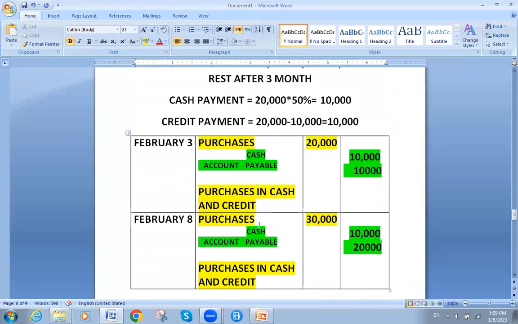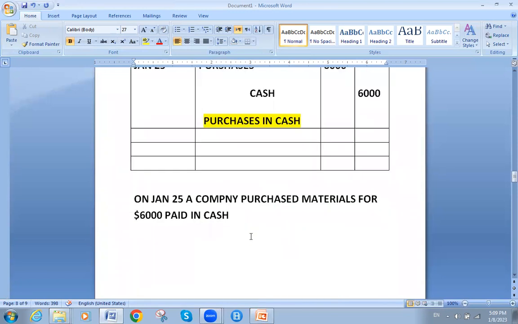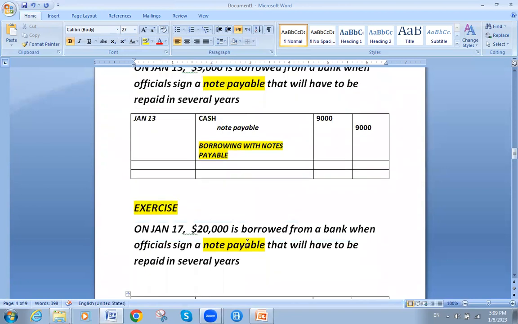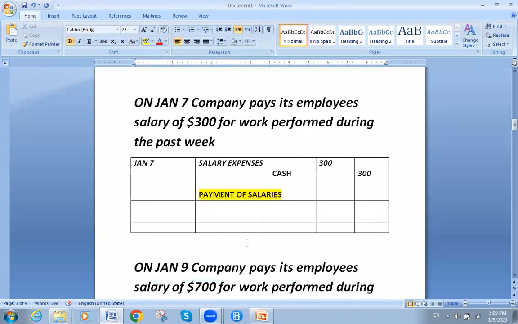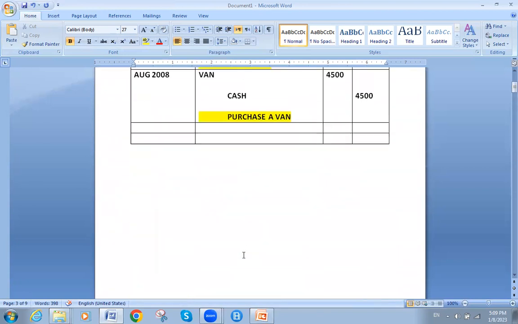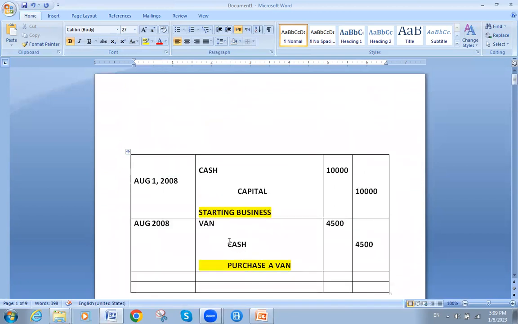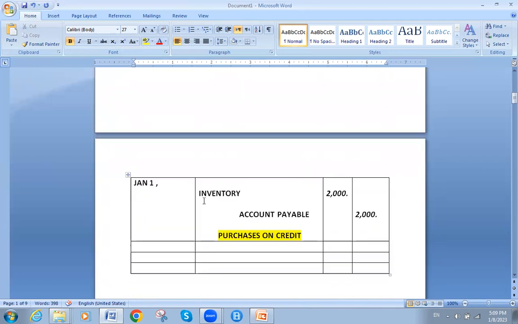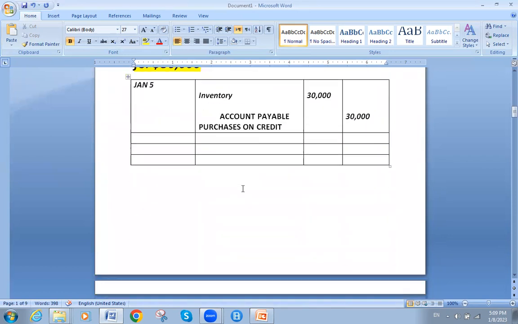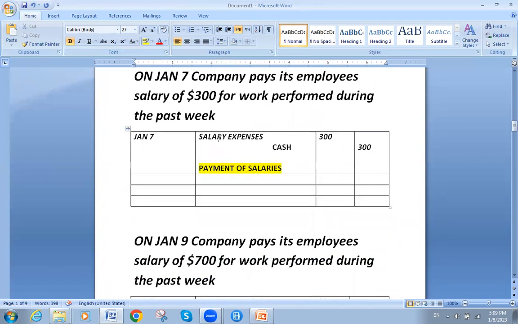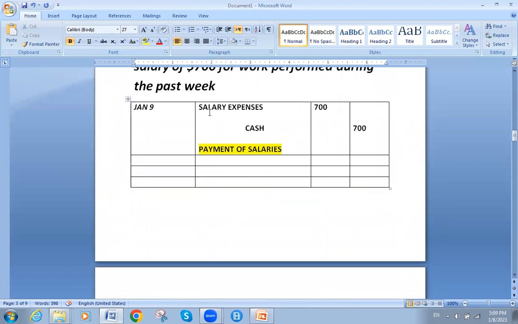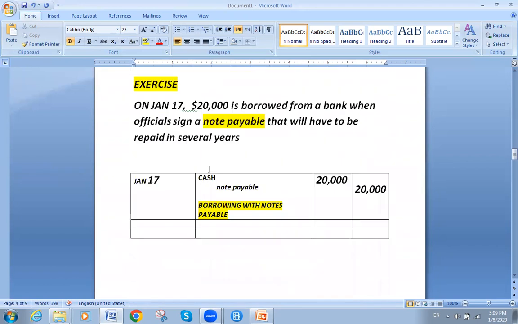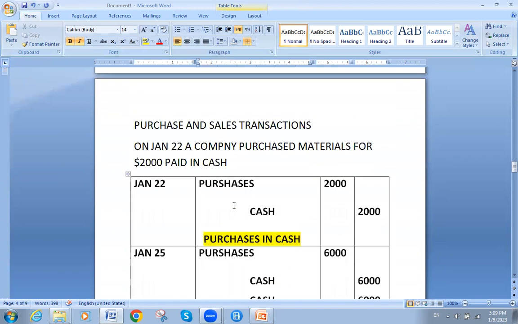Let me remind you of what we said before about sales, when we sell and when we buy. As an example here, the cash, the purchases, the inventory, we said expenses to cash, and here from cash into notes payable, when we borrow from the bank.